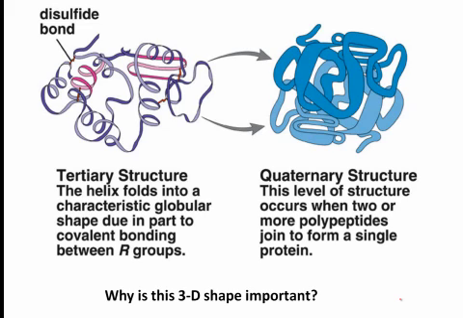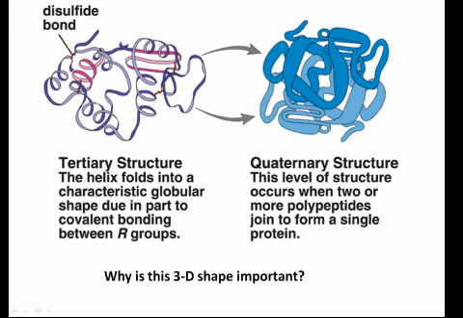And then that secondary structure will continue to fold, and it will fold into something called the tertiary structure, so much more complex folding, and in some cases, quaternary structure. Quaternary structure involves 2 separate polypeptide chains. Each of those folds into its own secondary and tertiary structure, and then 2 or more of those get together to form the actual functional protein.